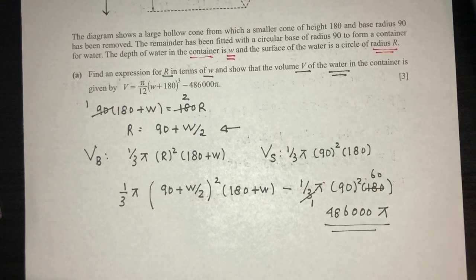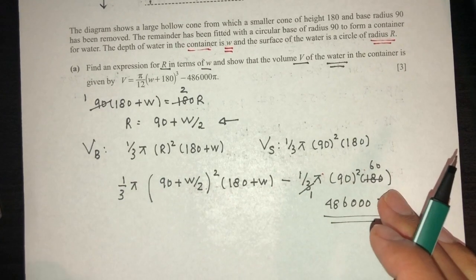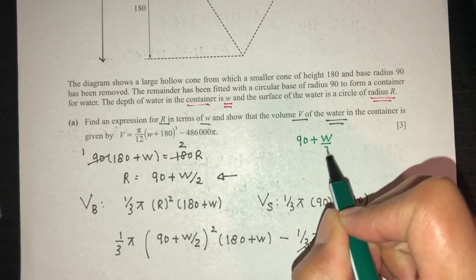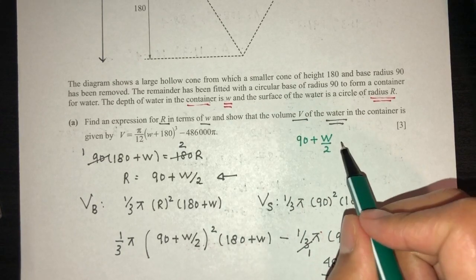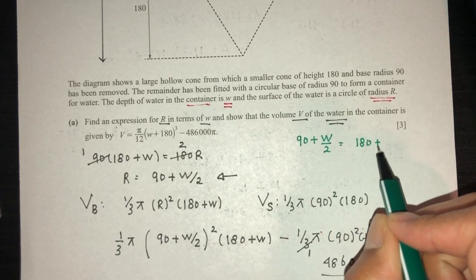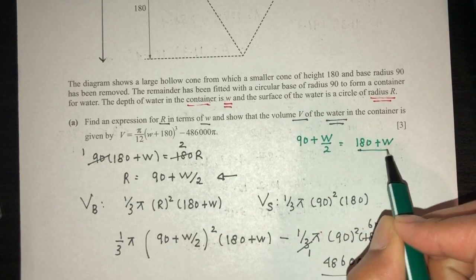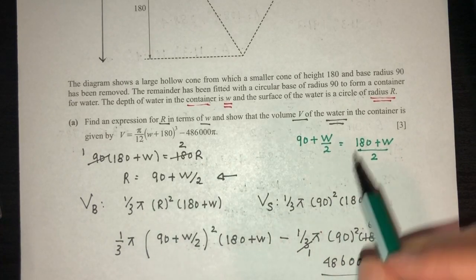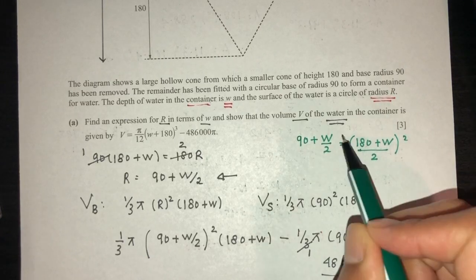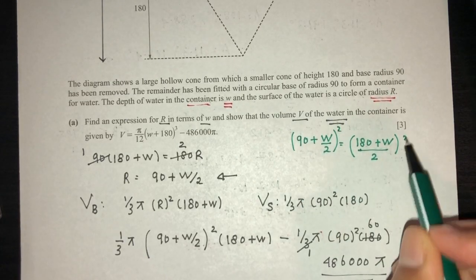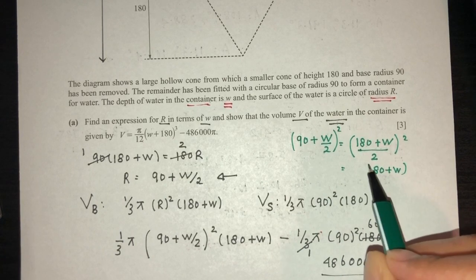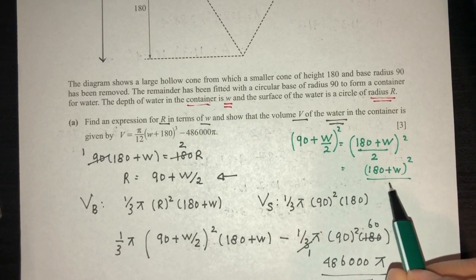So what can you do to make that possible? You have to take out this denominator. For example, let's say I have (90 plus W) over 2. Now I can write this as (180 plus W) over 2, right? Now when I have the square, it is squared. If I were to expand this, you will get (180 plus W) squared divided by 2 squared, which is 4.